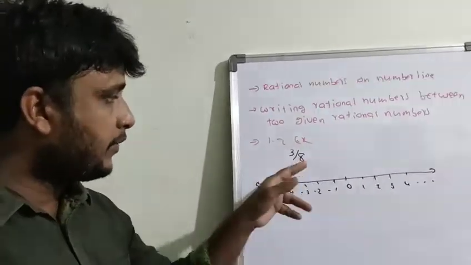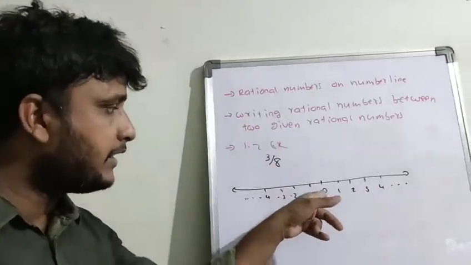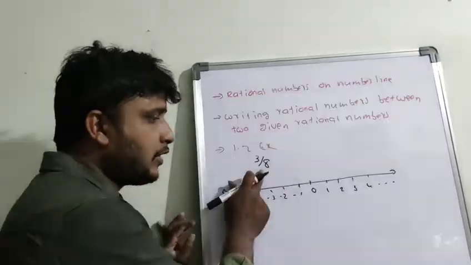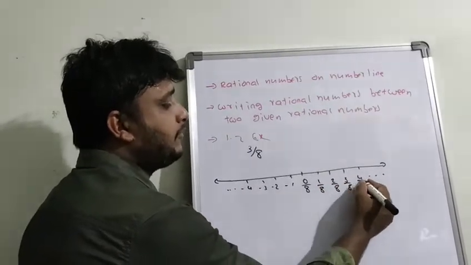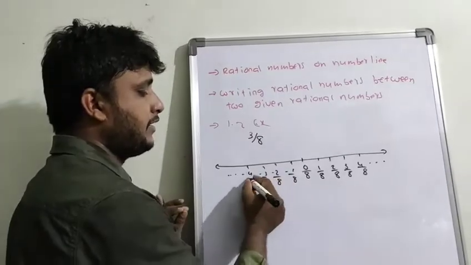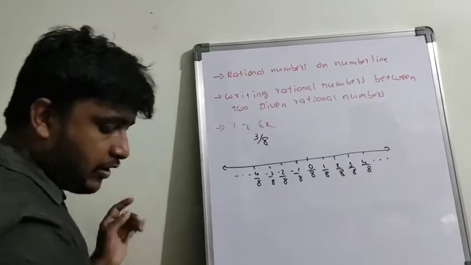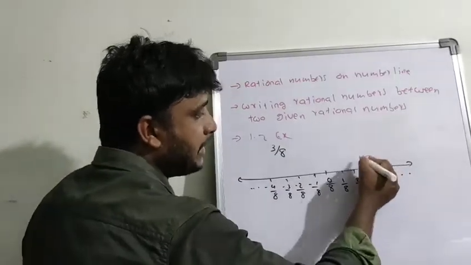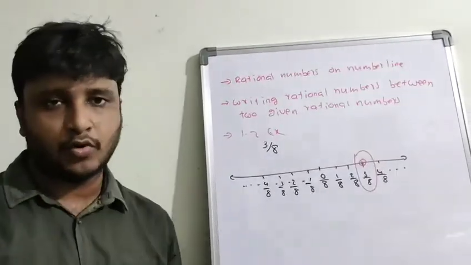Simple: you have to divide each and every unit on the number line by the denominator. Here the denominator is 8, so I am dividing by 8: 1 by 8, 2 by 8, 3 by 8, 4 by 8, and here -1 by 8, -2 by 8, -3 by 8, -4 by 8. If you observe, 3 by 8 is available here. So you have to mark it and circle it like this. This is the way you represent rational numbers on the number line.